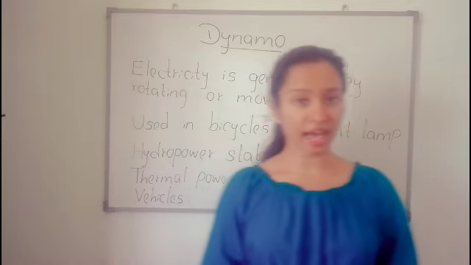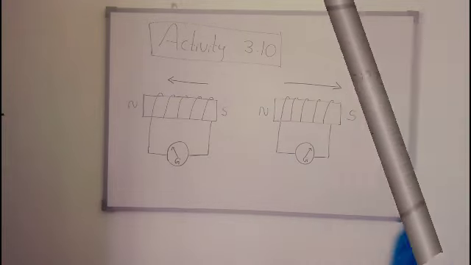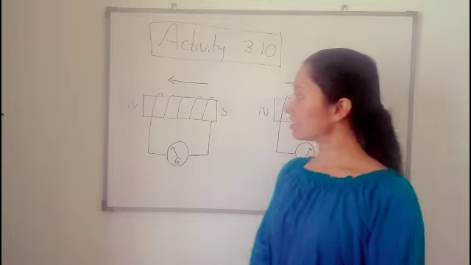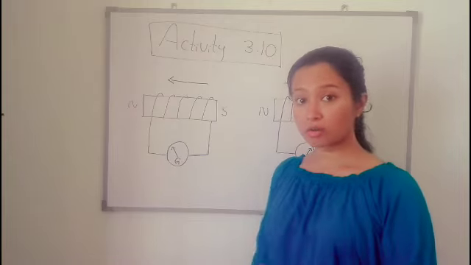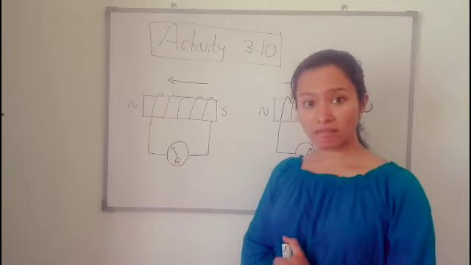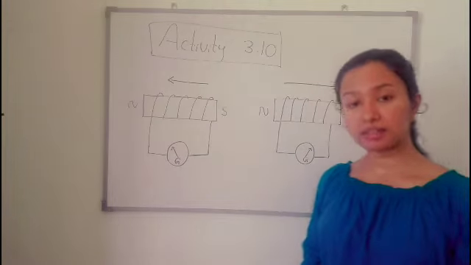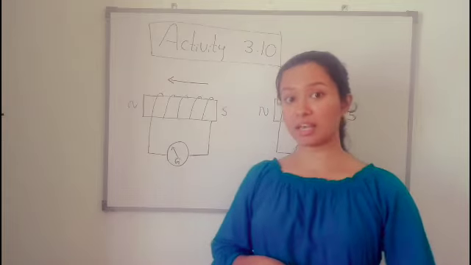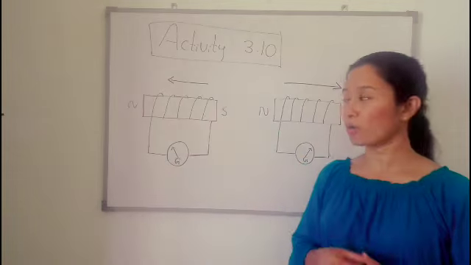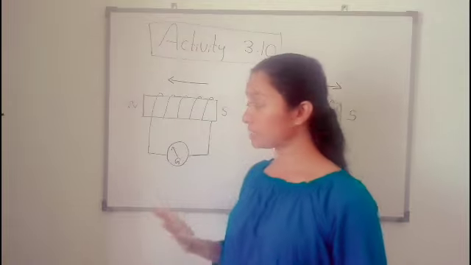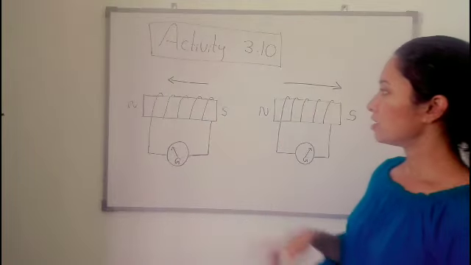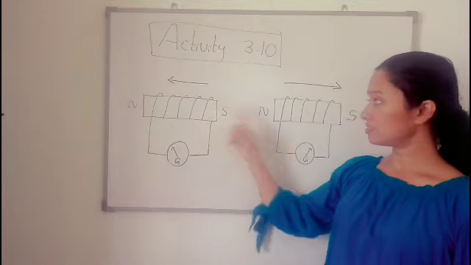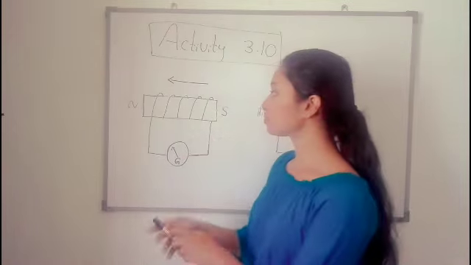Now take your activity 3.10. We will discuss the activity. I think you all have drawn this figure, and you have written the method, observation and conclusion also, because I have given the notes previously. We will discuss what is happening here. This is a bar magnet.